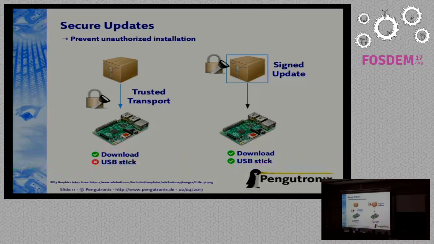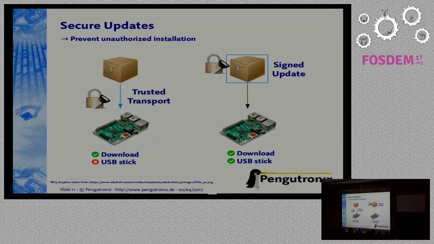This works well for the download case, but it will fail in the USB stick case. If you plug in a USB stick, you don't have easy mechanisms to trust the USB stick. So a more general approach is to put the trust in the update itself and sign the update. Then you don't have to trust your connection, and this will work both for downloading and for the USB stick case.